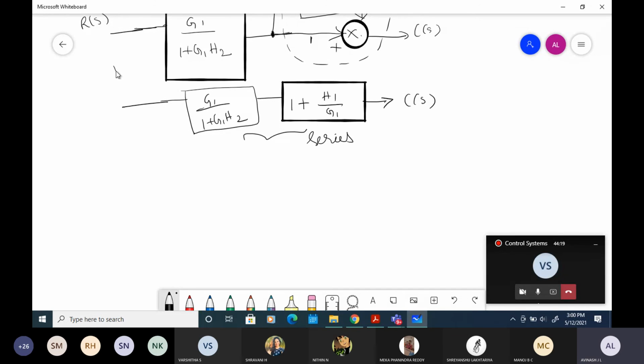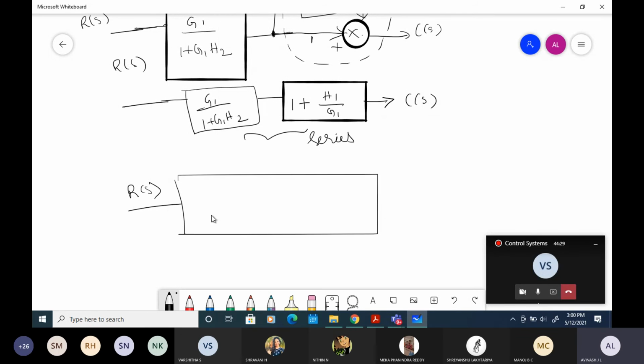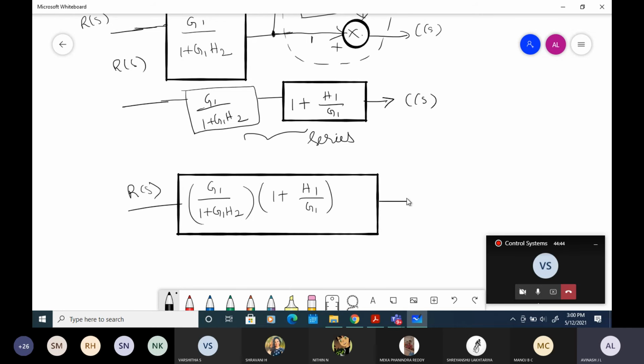So it will be R of S multiplied by these two things, you will get G1 divided by 1 plus G1 H2 into 1 plus H1 divided by G1. So this is the final block. Clear?